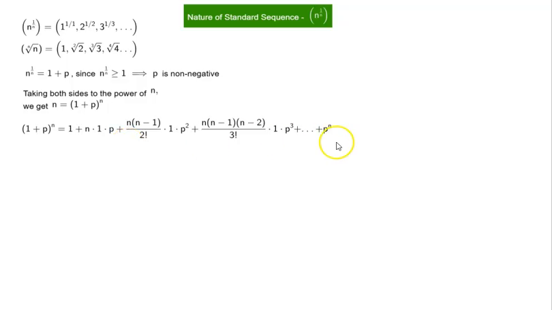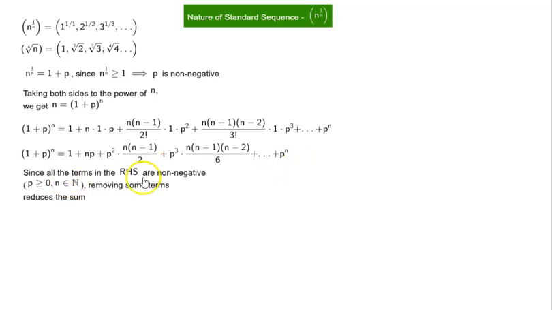So we use the binomial theorem to expand (1 plus p) to the power of n. So 1 plus n times 1 times p plus n times (n minus 1) by 2 factorial, and so on. Simplifying this, we get 1 plus np plus p square times (n minus 1) by 2, and so on. Since all the terms in the RHS are non-negative, how can we say that?